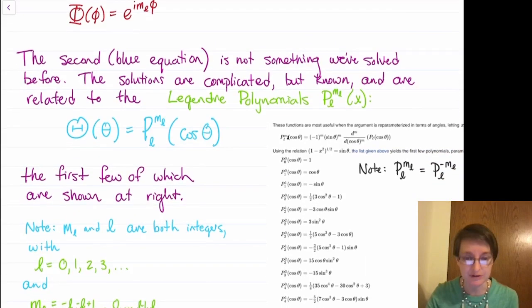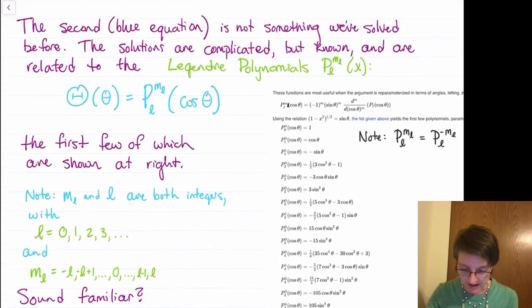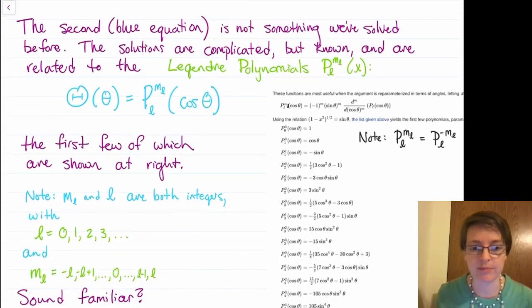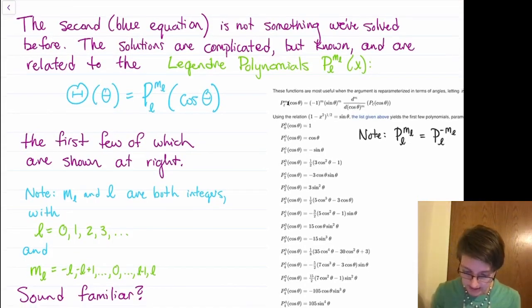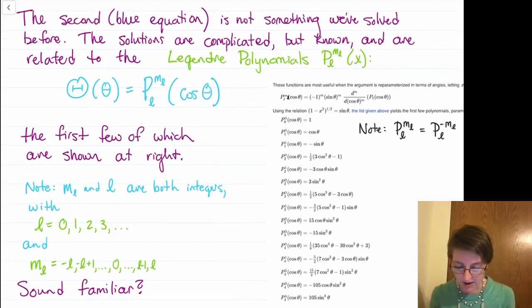So what I've shown you is a couple different things to note about these Legendre polynomials. One is that how they relate to my theta function is that I'm going to take the Legendre polynomials as a function of cosine of theta, and there's two quantum numbers that show up in this expression.